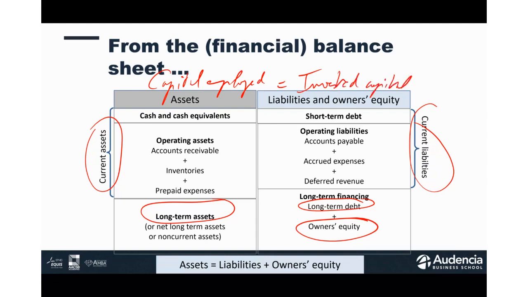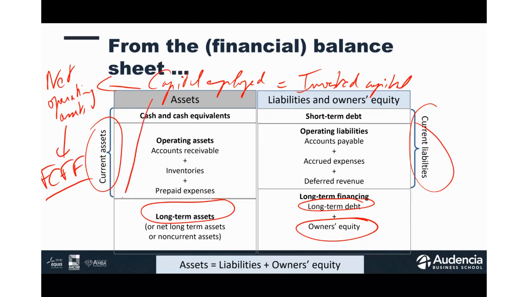The capital employed is what you use because of your operating activity, what we name net operating assets. And from the net operating assets, you create the free cash flow to firm. So when I talk about the free cash flow, it's the same as the free cash flow to firm. In your capital employed, you have also the financial assets.